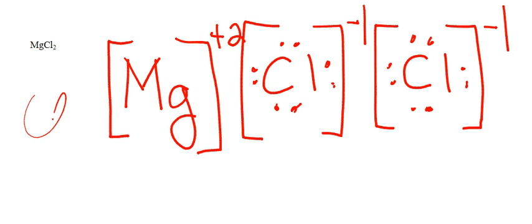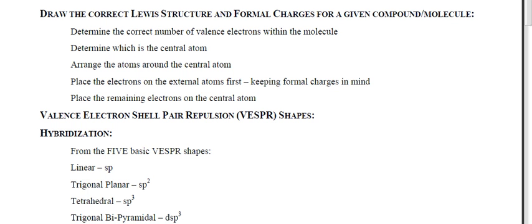So don't worry about how your Lewis structure is arranged. Just do realize that the metals will have their own bracket, the nonmetals will have their own bracket, and then we'll indicate what the charge is based on how many electrons either donated or accepted. Alright, so we have our correct Lewis structure.